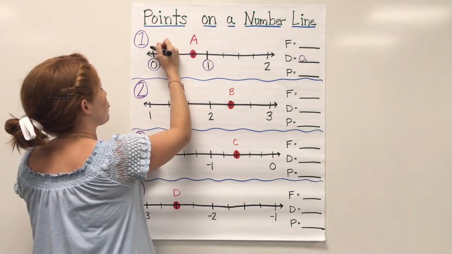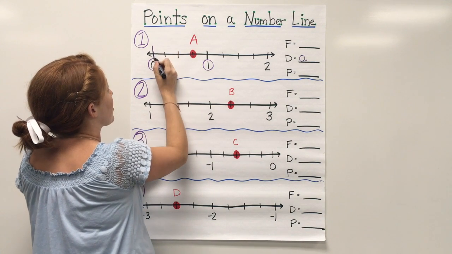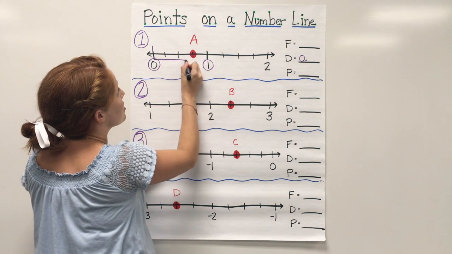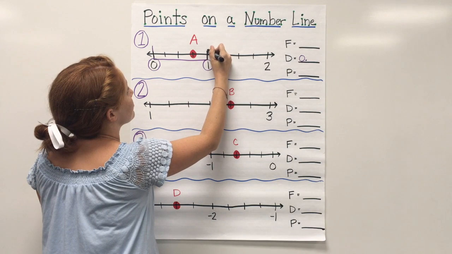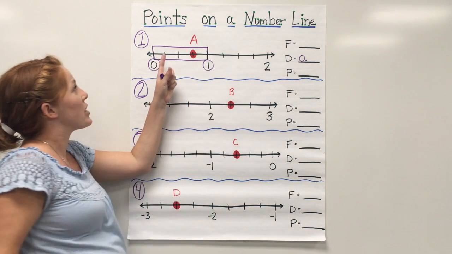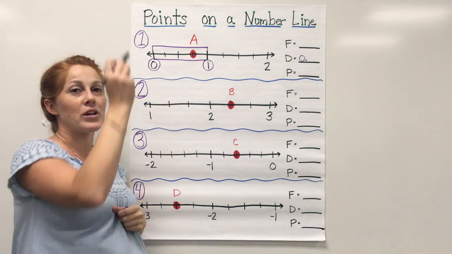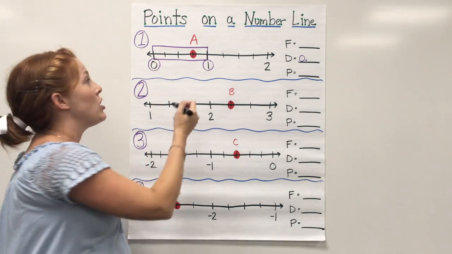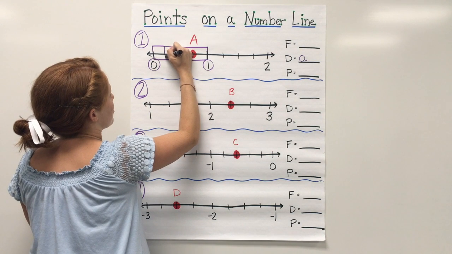Okay, now I'm going to make a train. So basically I'm going to draw a rectangle that goes from one whole number to the next, around the number line, and then where there are these tick marks, I'm going to draw a vertical line, sort of like making the box cars on a train.